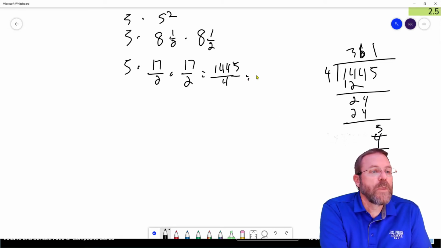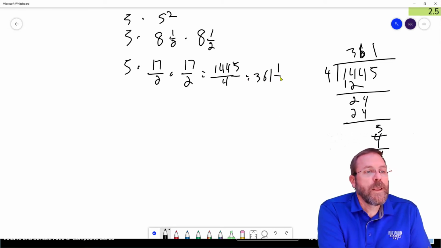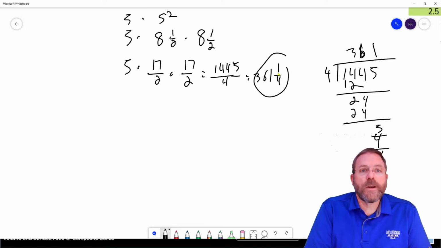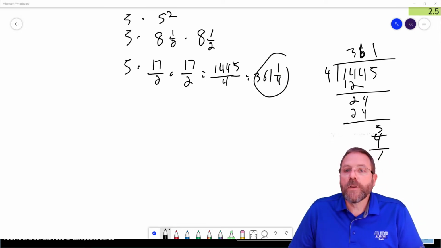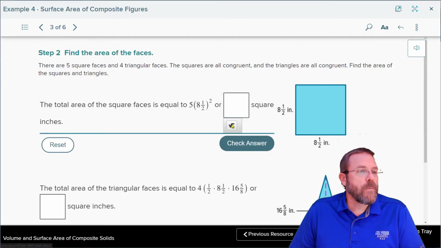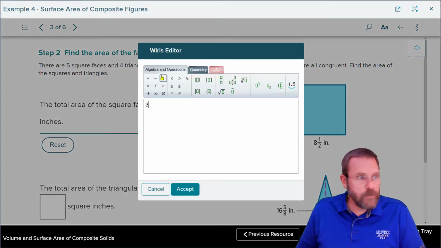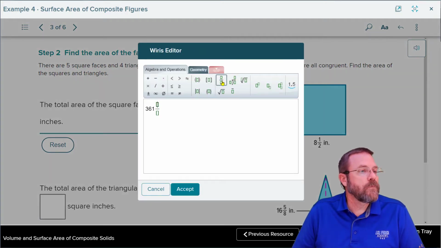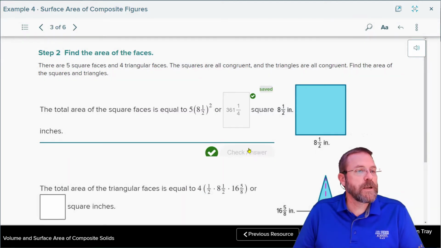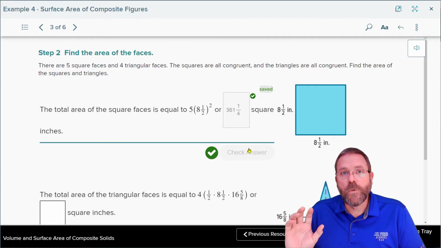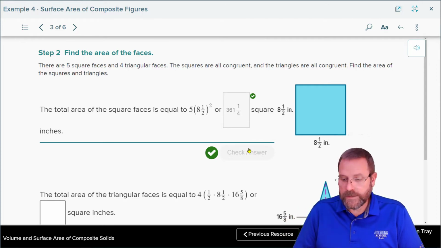So we're going to have 361 and 1/4 is the number I get there. Jump back over here, type that in, and we're going to put in 361 and fraction 1/4, accept and check. That part's good. We have found the area of the square pieces.